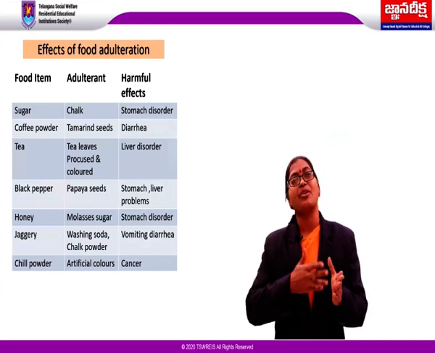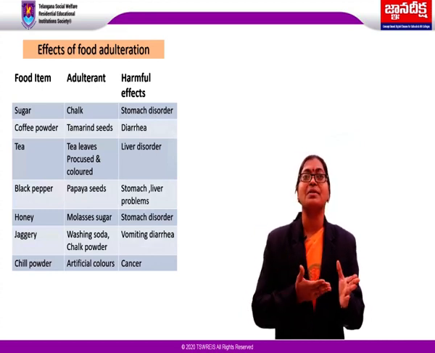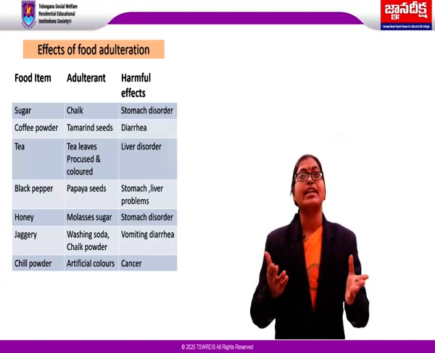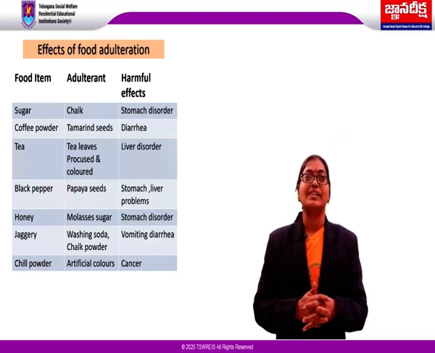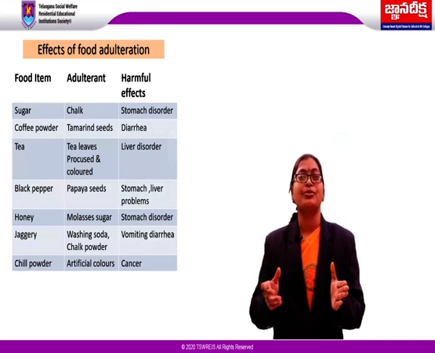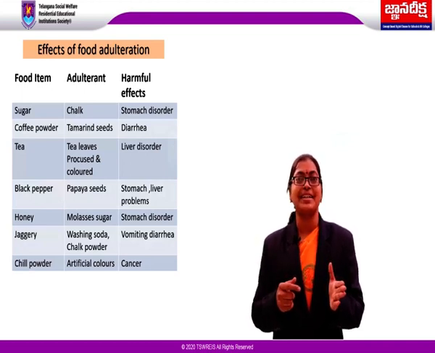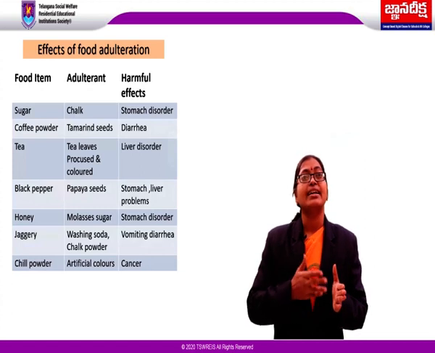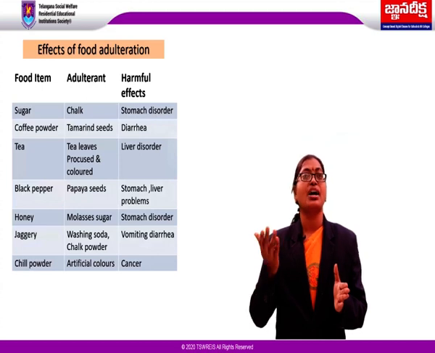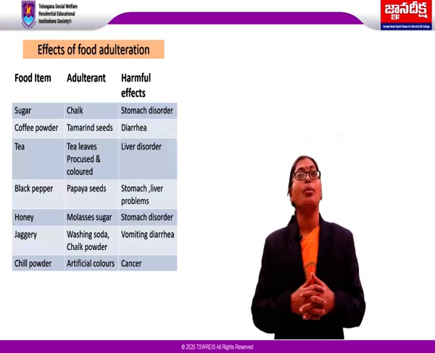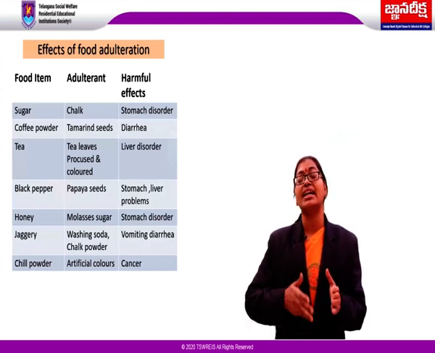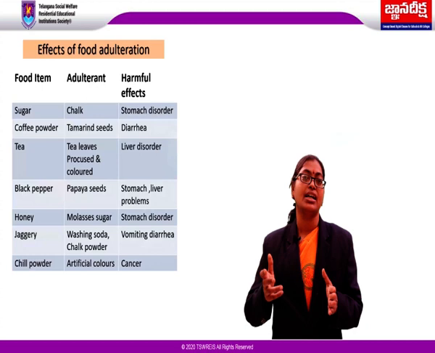Black pepper, as we already discussed, is adulterated with dried papaya seeds, which lead to stomach and liver problems. Honey is adulterated with molasses sugars, which we are going to learn about in an experiment later. Jaggery is adulterated with washing soda, and not only that, with chalk powder also, which lead to vomiting and diarrhea. Then red chili powder is adulterated with artificial colors and brick powder, which finally leads to cancer.